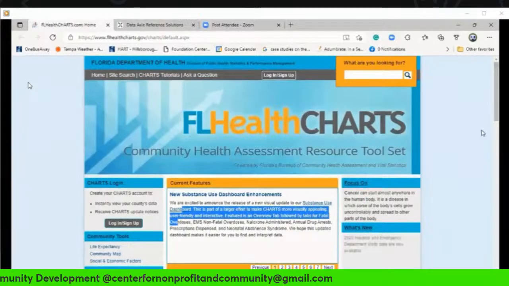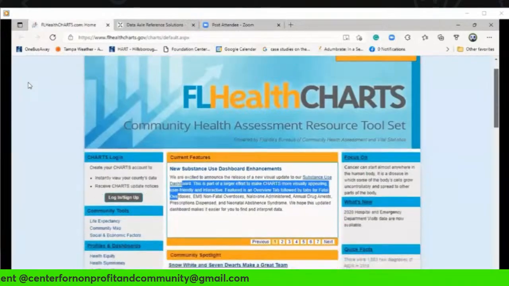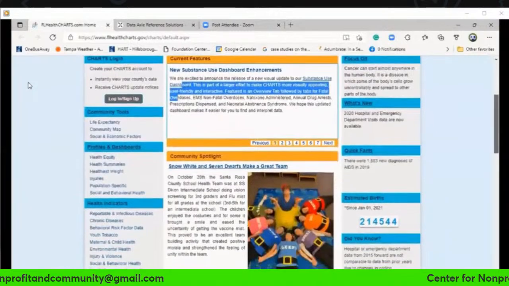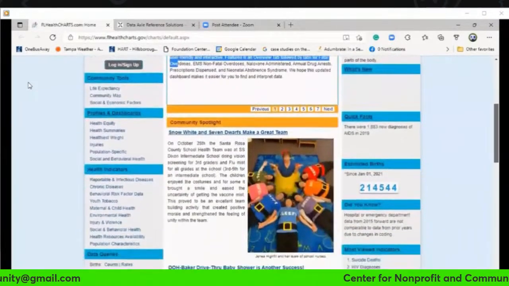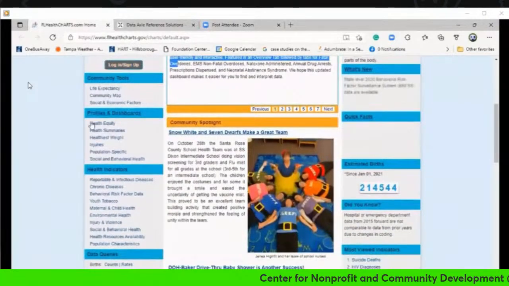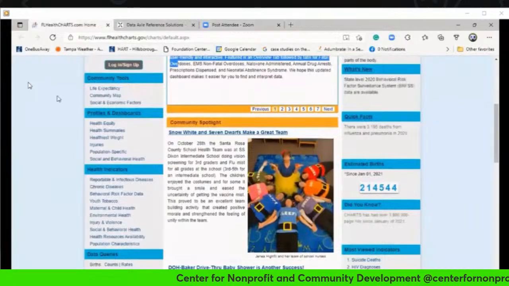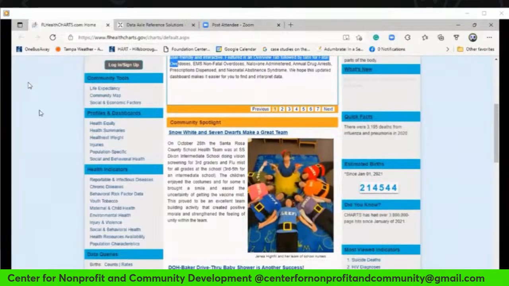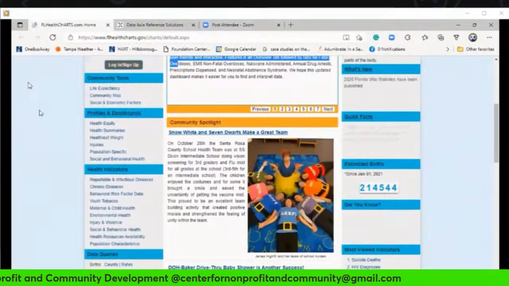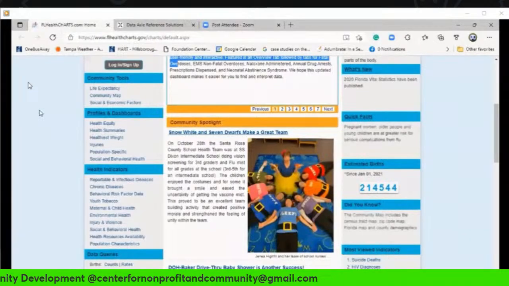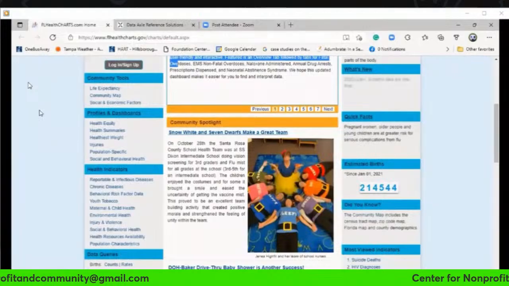And keep your attention over here. Well, look at this. They can tell you life expectancy. And they probably will break it down by age, by race, and they probably use some other indicators. They can also give you community maps, so you can map out health in your neighborhood.